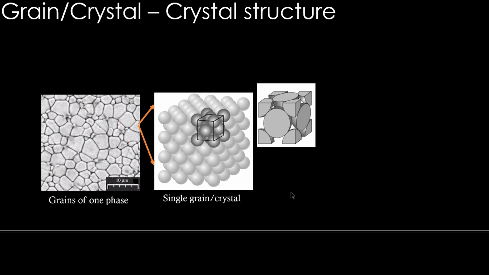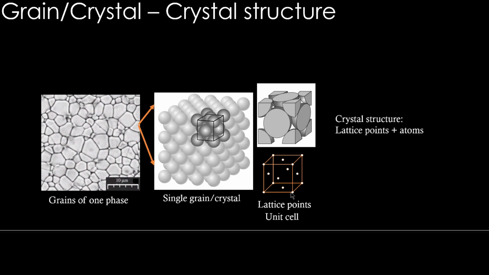If you take a cube out, the sphere is cut into 1/8 in the corners and 1/2 in the center of the faces. If you join other pieces like this, you get the repeated structure of the entire grain. The centers of all these atoms, if they are represented like this, these points are lattice points. These lattice points where atoms sit, that entire structure is called the unit cell.